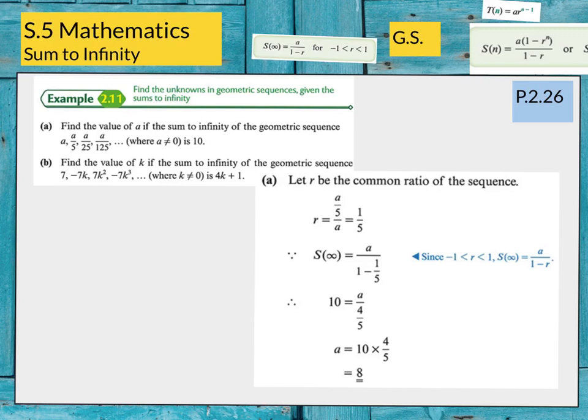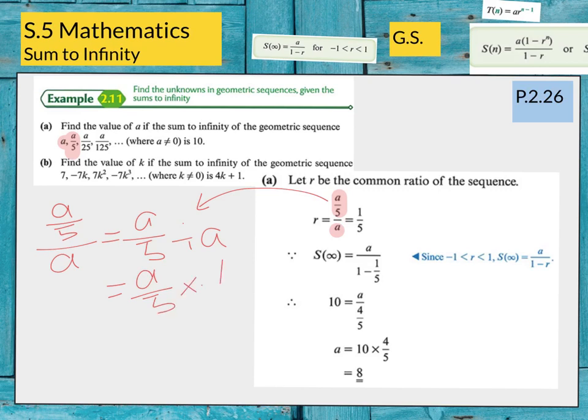The first thing is to find the R, the first term is A, of course. So second term divided by the first term, the A is cancelled out in this way. You see that we change it upside down because we change the division sign into multiply.